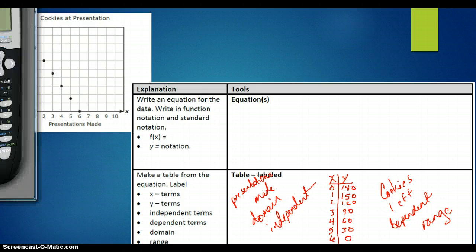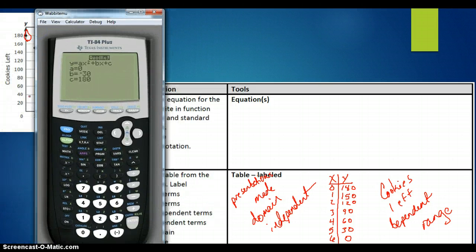All right, let's use that table just like we've been doing. Let's get an equation. I like to start with a totally clean calculator. It just makes me happy. Let's start at stat. Oh, wait, I gotta start at 0.